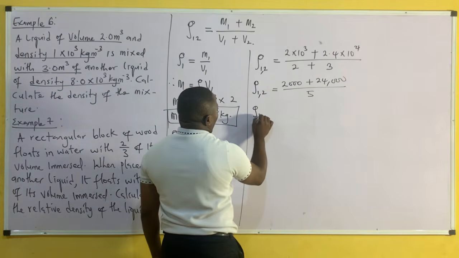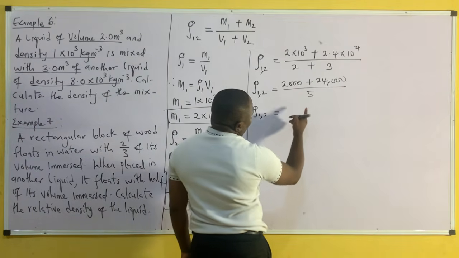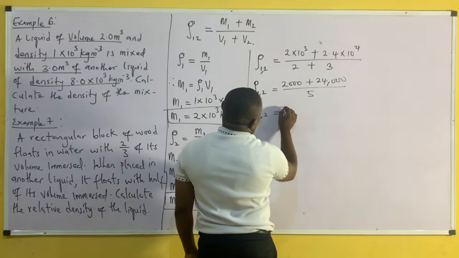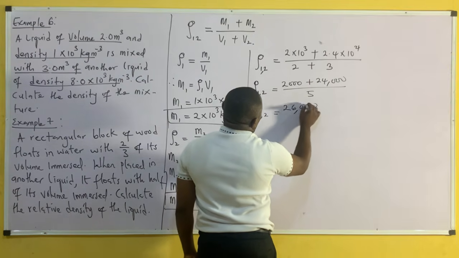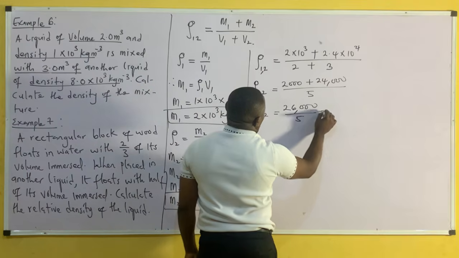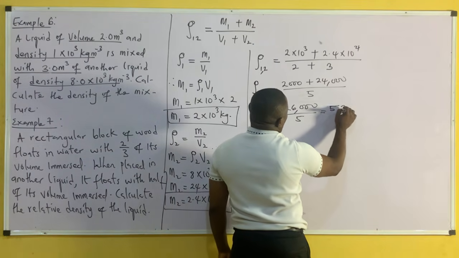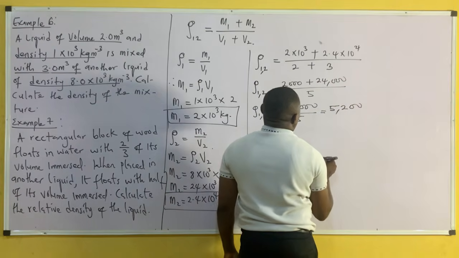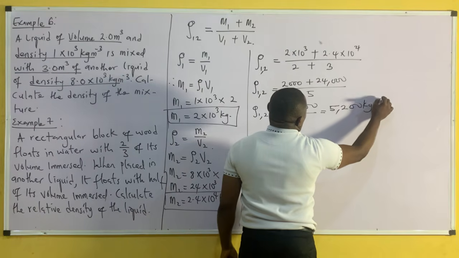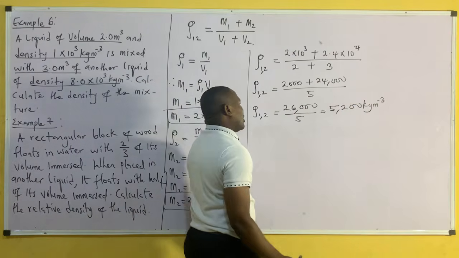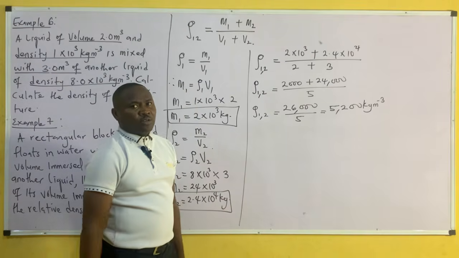So that's 26,000 over 5, which is 5,200. So the answer is 5,200 kilograms per meter cubed. That becomes the answer to this question.